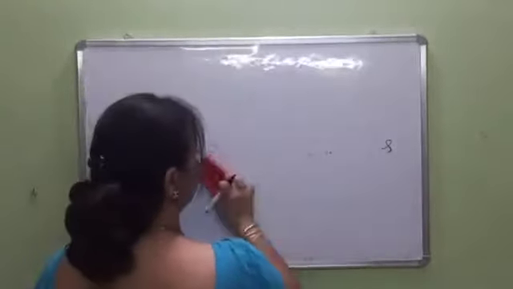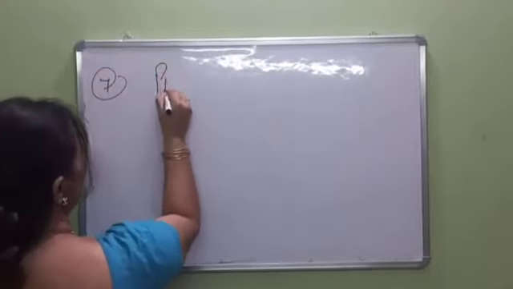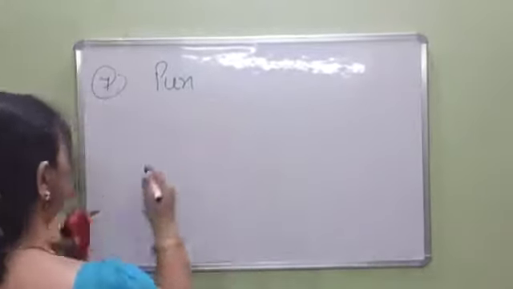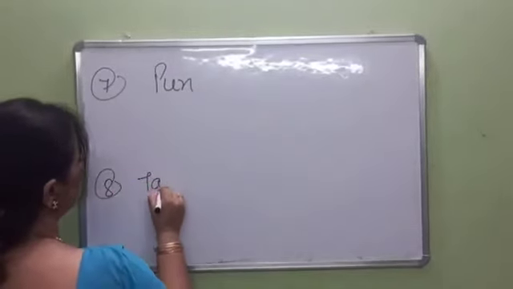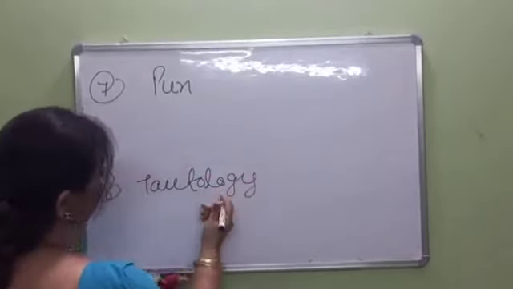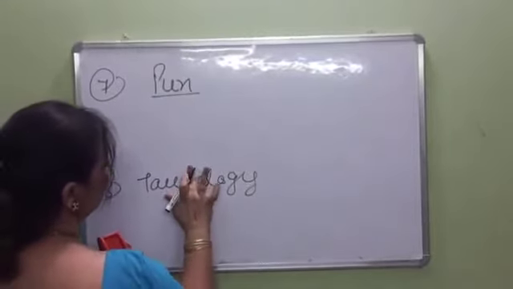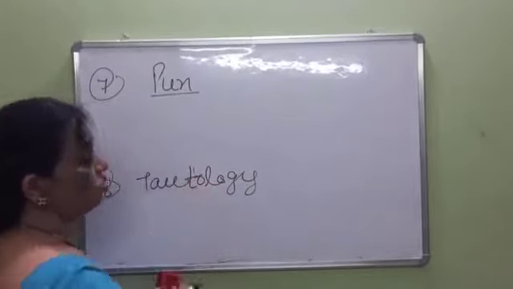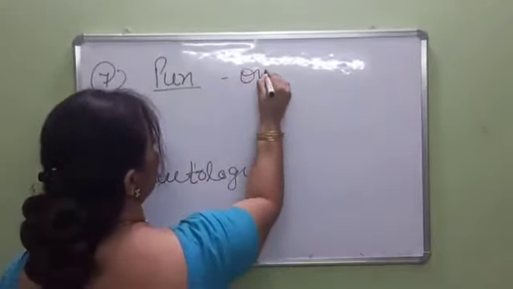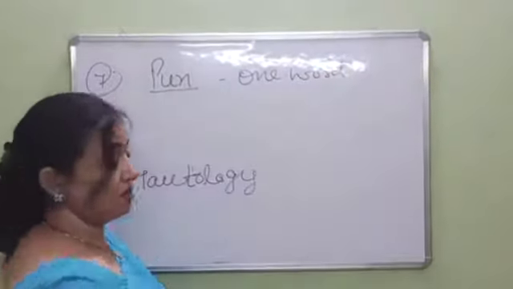So next, the seventh one, is pun, P-U-N. What is pun? Pun and the interconnected device is tautology, T-A-U-T-O-L-O-G-Y. Listen carefully if you want to understand this. Pun is when you are given one word but having different meanings.